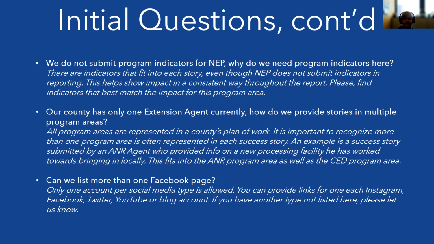So that not only fits A&R, but it also fits community economic development. So that's just an excellent story as it is. So just kind of being, not creative, but a little bit outside of your program area, remembering that all of the program areas are represented in the plan of work. And so that's what this report is for, highlighting all of those.